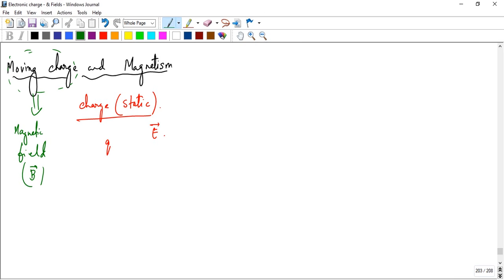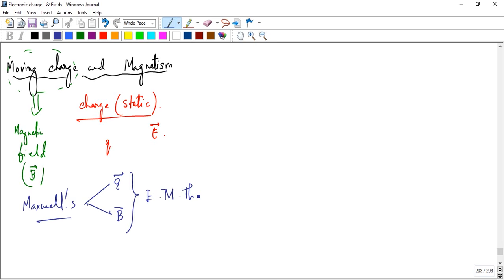Electric field and magnetic field are both very important in our daily life, because Maxwell proposed the unified field theory. It means there are two fields, electric field and magnetic field, both combined together to get electromagnetic theory.